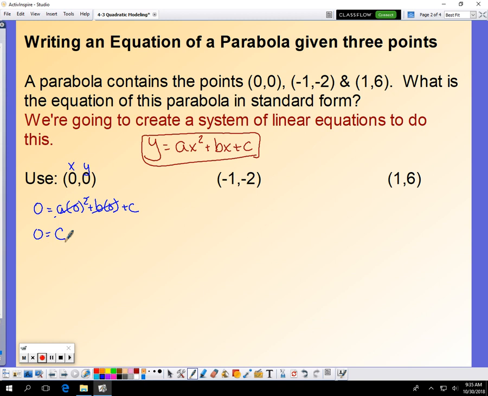Plug in for the next equation, and we get negative 2 equals a times negative 1 squared plus b times negative 1 plus c. Negative 1 squared is 1, so we have 1a minus 1b plus c.